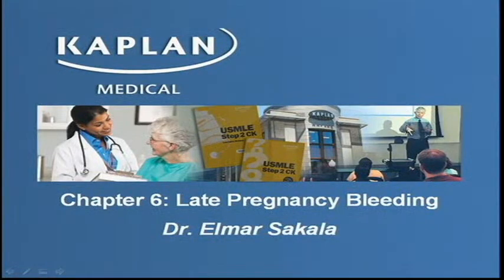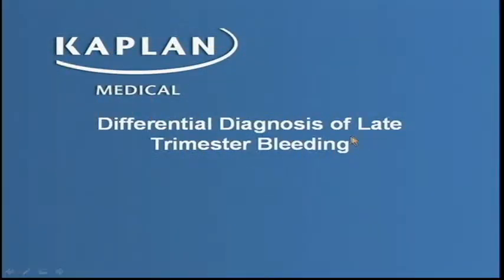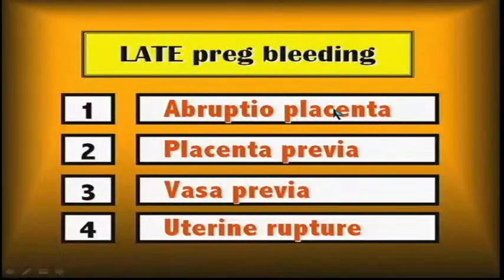All right, our next chapter is chapter 6, late pregnancy bleeding. First, we're going to look at the differential diagnosis of late trimester bleeding. The most common cause is abruptio placenta. Abruptio placenta occurs in about 1% of pregnancies. Now, if we remember, there's 4 million births in the United States a year.